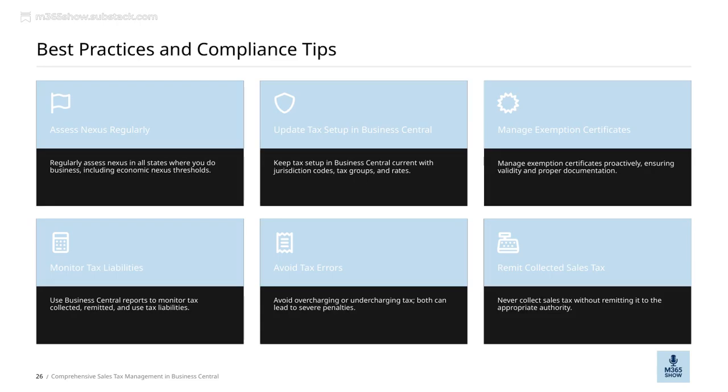Staying on top of this ensures you're compliant everywhere you do business. Finally, never forget that collecting sales tax isn't just about collecting. It's about remitting it promptly to the right authorities. Consistent and timely remittance helps you stay compliant and avoids penalties. By following these best practices, you'll be well on your way to maintaining a compliant and efficient sales tax process in Business Central.